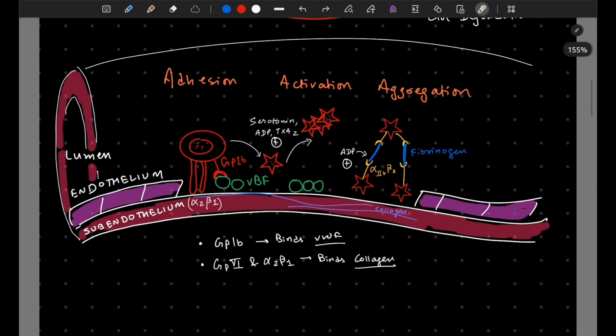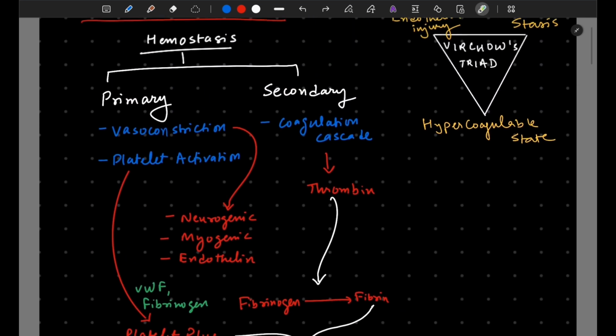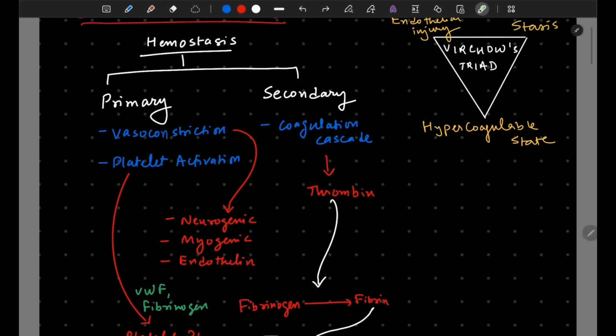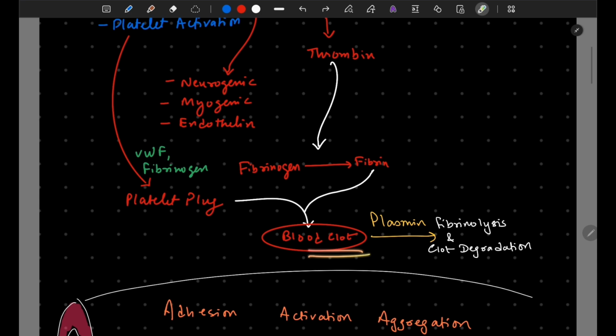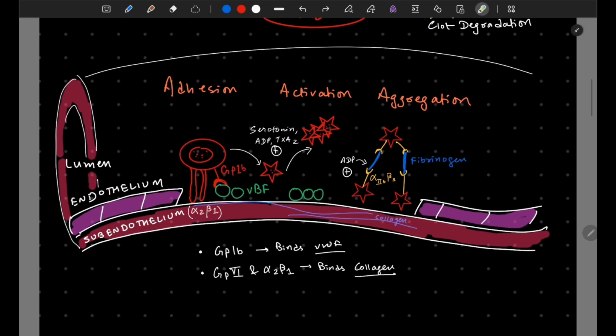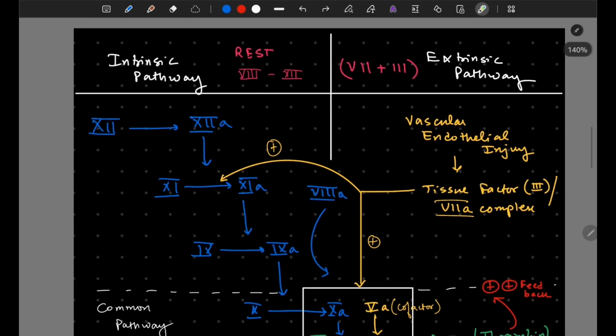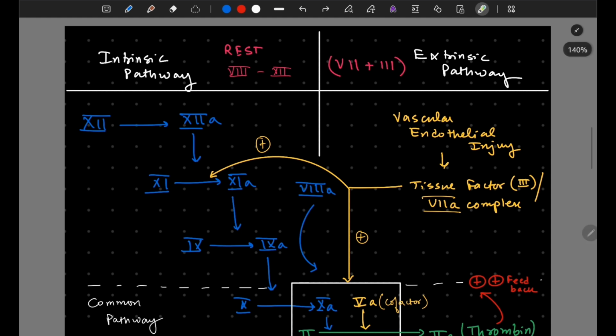So after this step, we will now look at the coagulation cascade, which helps to stabilize this blood clot. The stabilization of this blood clot is done by the coagulation cascade, the intrinsic pathway and the extrinsic pathway. We have learned about different factors from 1 to 12.